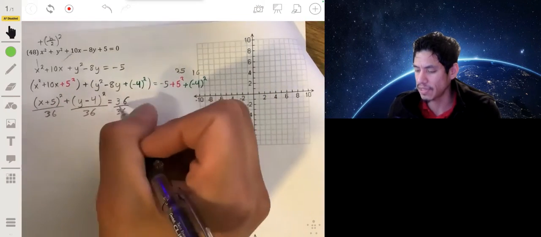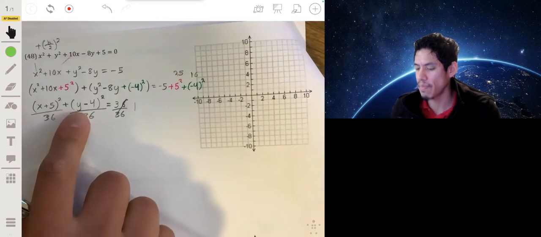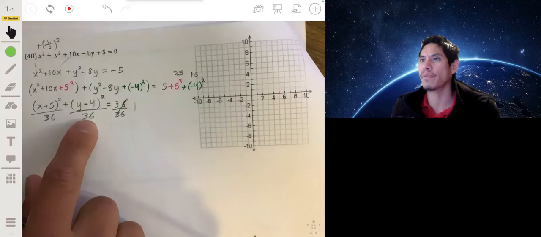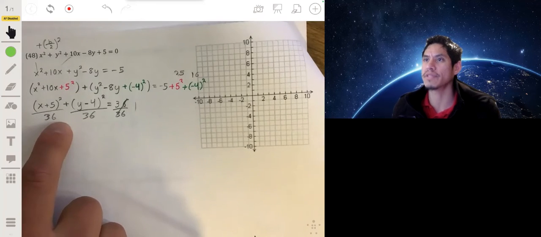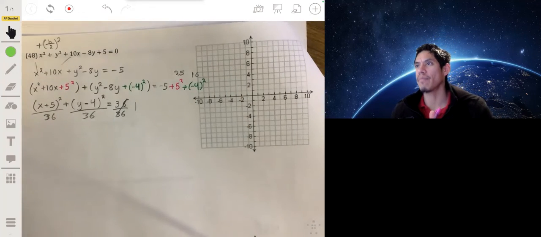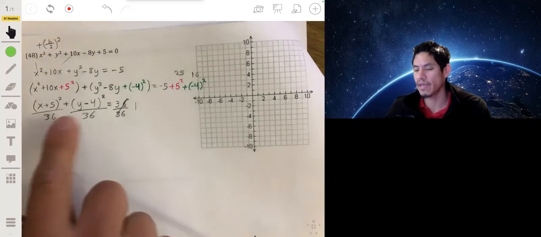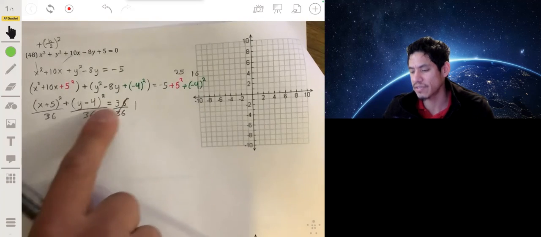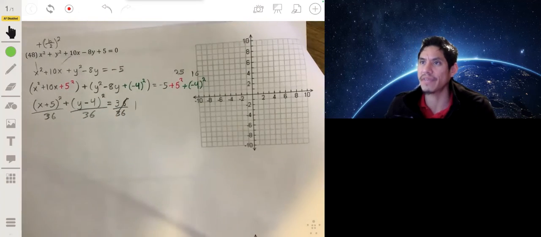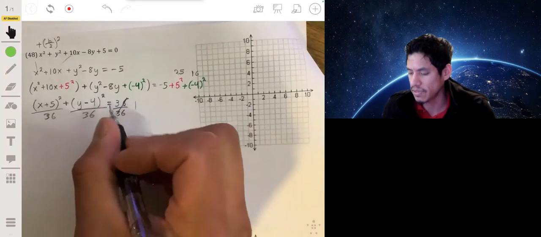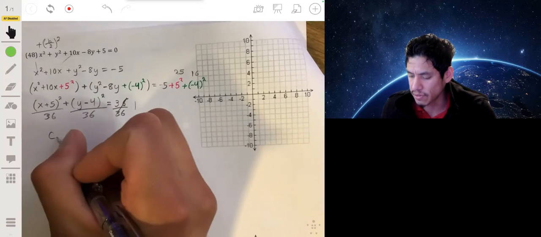It would look something like this, and that's how we would get 1. But it's basically a perfect ellipse. It's an ellipse that opens up the same amount horizontally and vertically. So that's why this is a circle. A circle is, think of it like a symmetrical ellipse, like a perfect ellipse. So this is a circle.